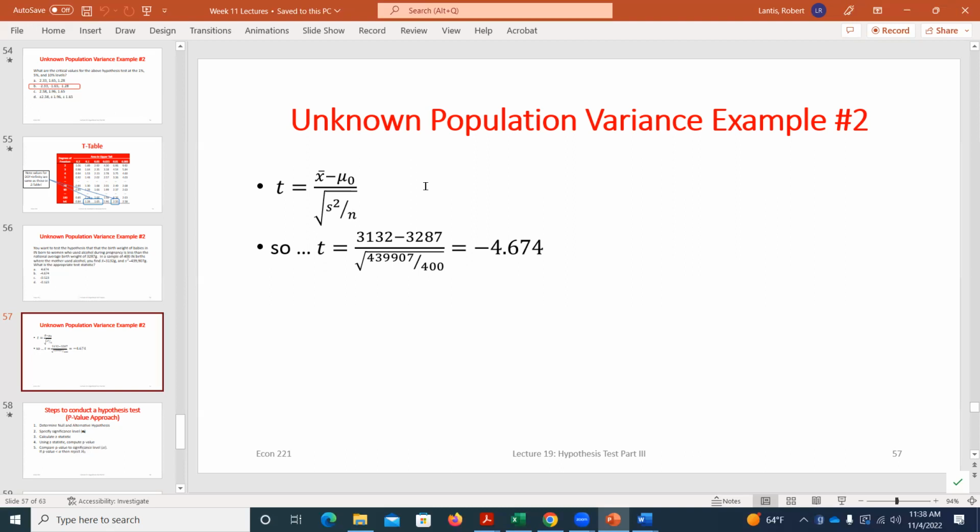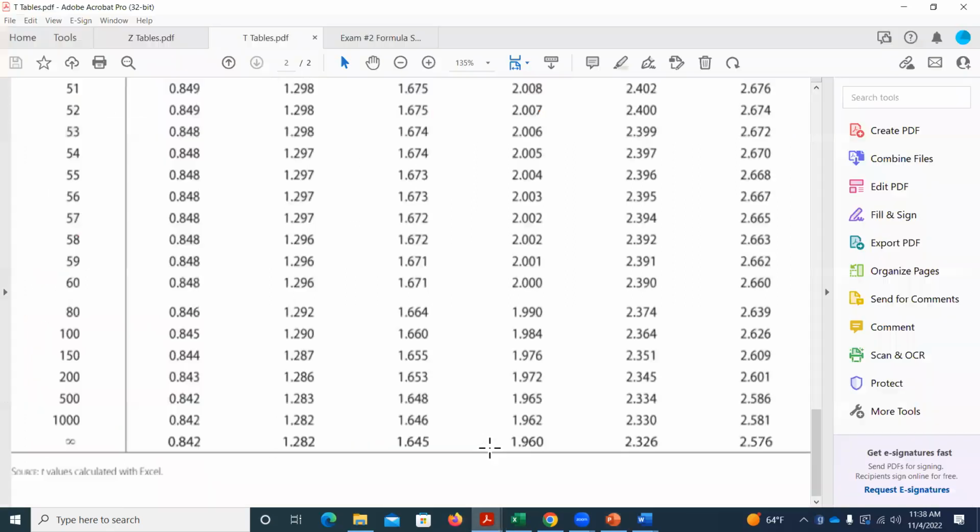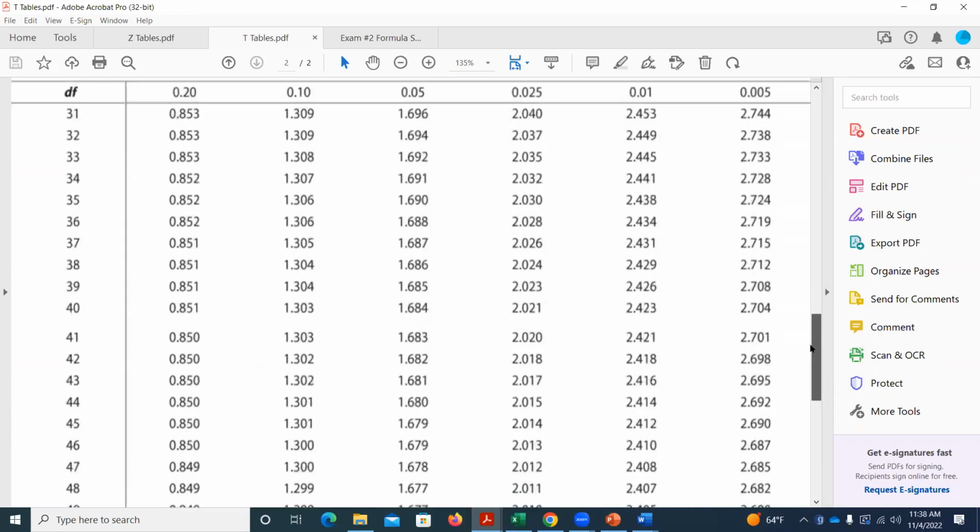If I had a test statistic of negative 1.8, I can't exactly find my p-value from that student t-table, because even if I go to the degrees of freedom closest to 400, which was 500, I can't find 1.8 here. Now, it's in between these 2 t-values, which would correspond to what?